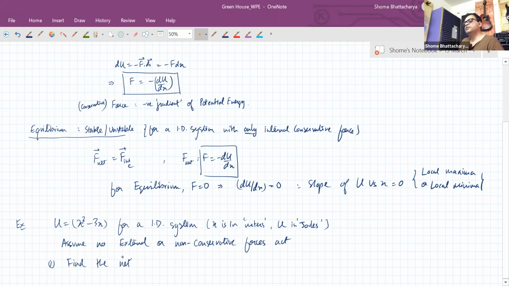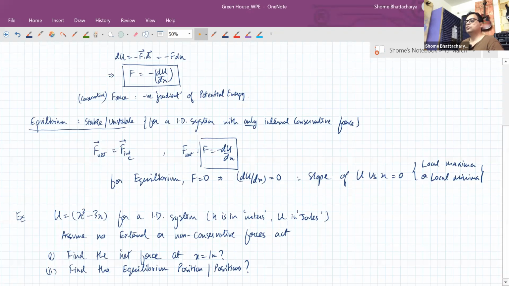find the net force at x equal to 1 meter. Find the equilibrium positions or position, whatever be the case. Okay.